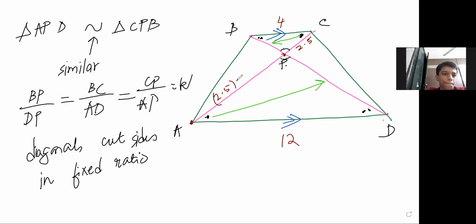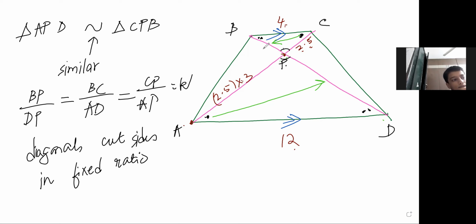No, 2.5 times 3. Because this ratio is 4 to 12, that means the bigger triangle's sides have a scale factor of 3, right? You understand? 4 times 3 is 12. Similarly, 2.5 times 3 will be the length of AP. You get the idea now? Yes, sir. That is what it means. Is that clear to you?